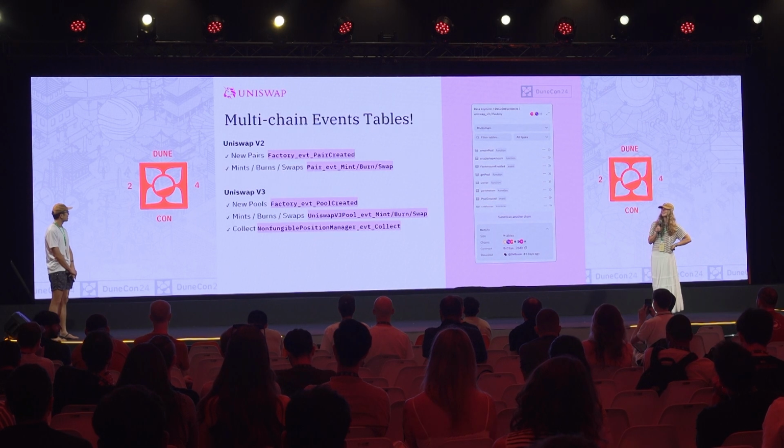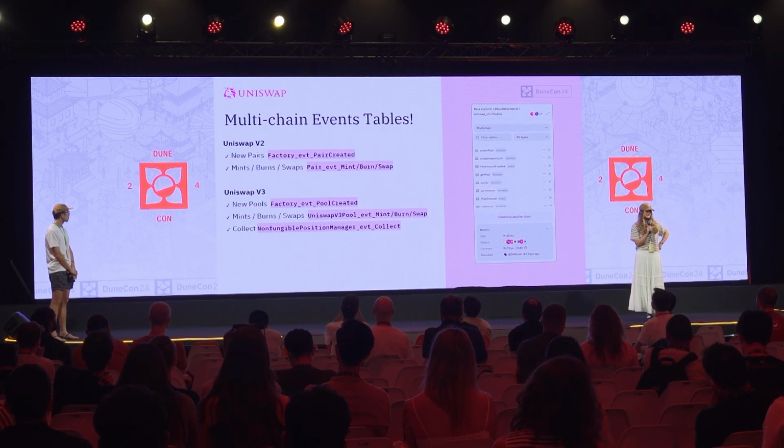All right, so the last little shout out today is that in prep for V4, we worked with the Dune team a few weeks ago and created these incredible multi-chain events tables. The chart that you saw earlier around the volumes by version, not fee tier, was created with one of these tables.